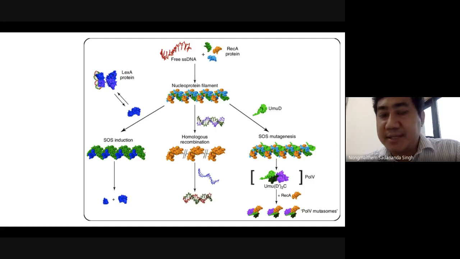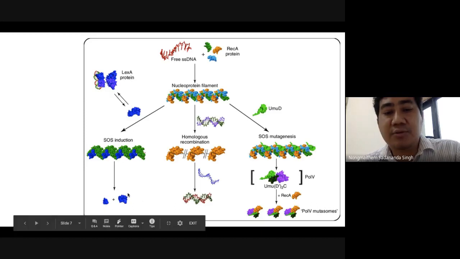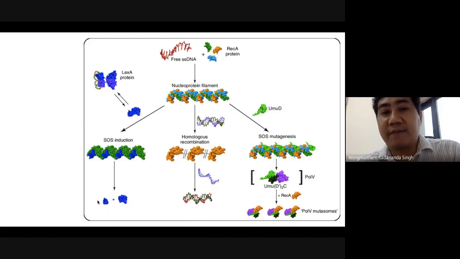Meanwhile, when there are single-stranded DNA regions, RecA filament formation allows the binding of free LexA to this filament of RecA, thereby activating the autoproteolytic activity of LexA, giving rise to two products which are not able to bind to the target DNA sites.